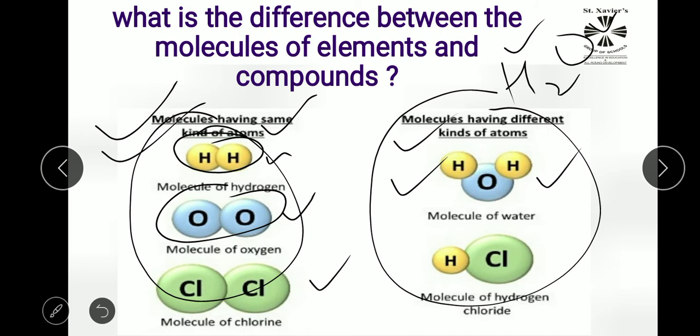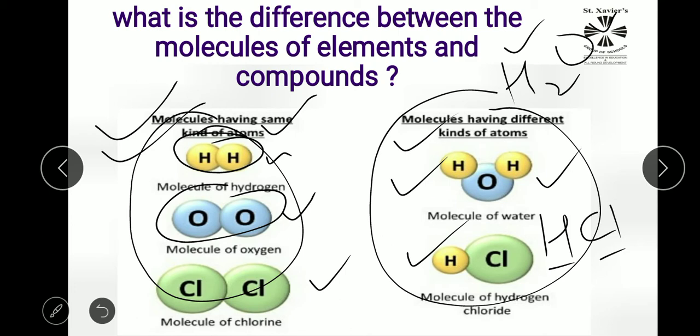When we see the molecule of hydrochloric acid, HCl, we have hydrogen and chlorine atoms. So if two or more than two types of atoms are there, we call it a compound, students.